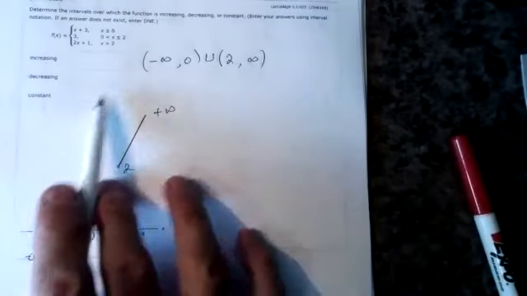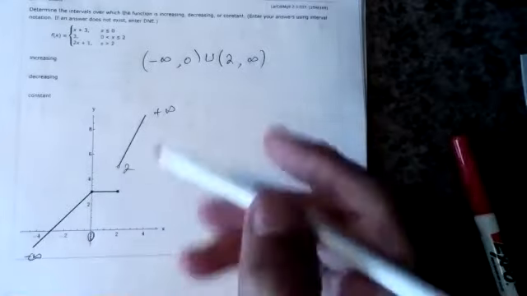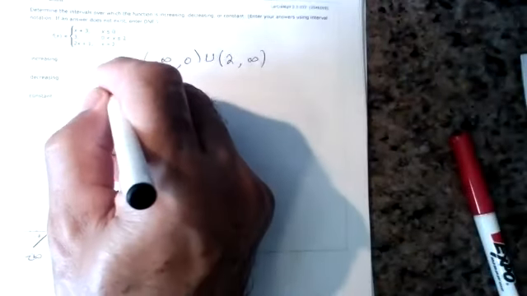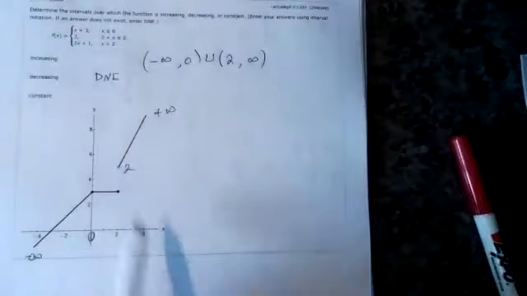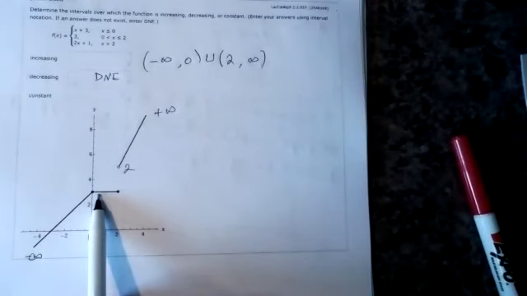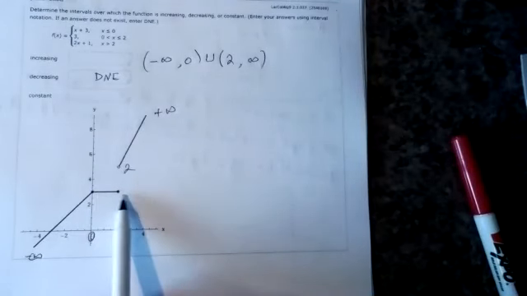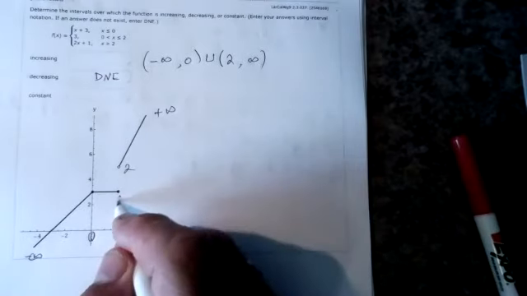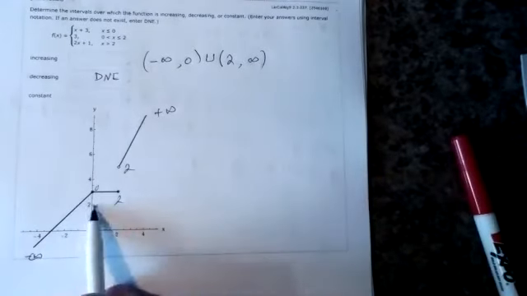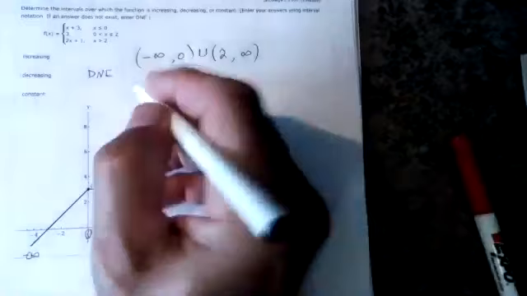Is there any decreasing here? No, it doesn't have any decreasing. So this would be, does not exist. What about constant here? From 0 to 2, from 0 to 2 is constant.